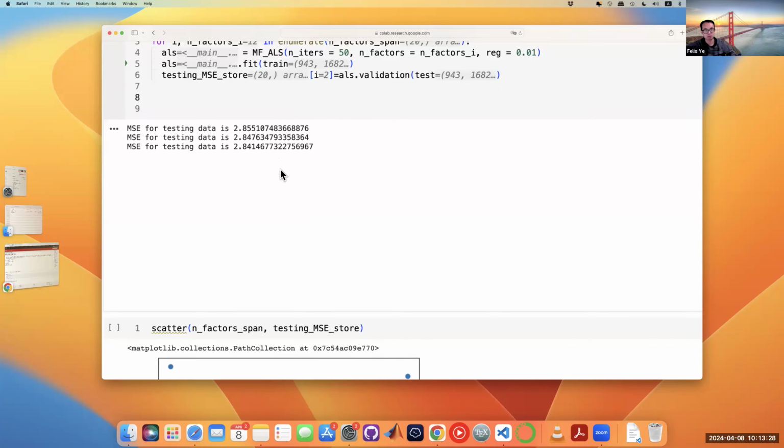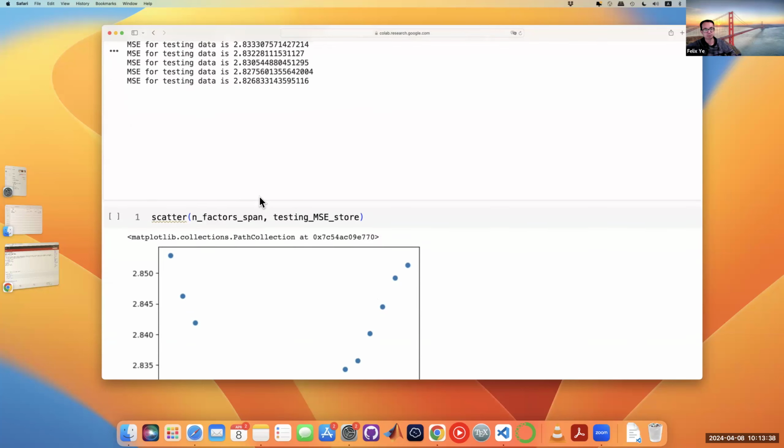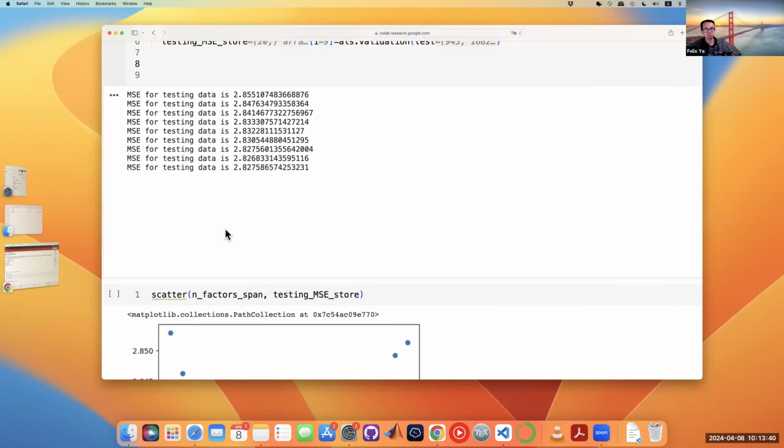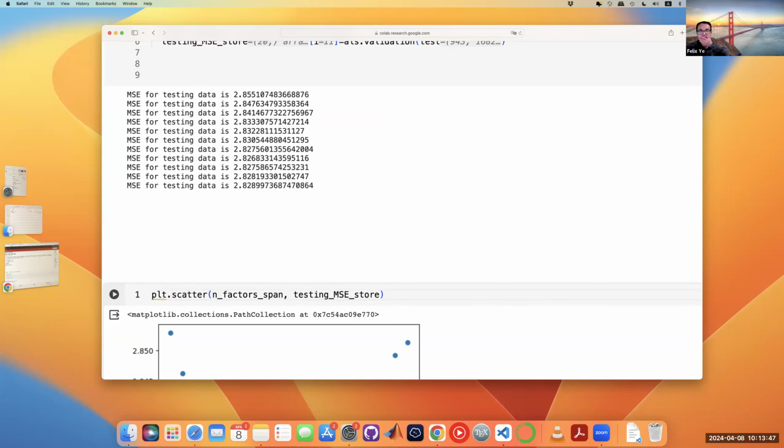You can see this start to decrease, and it still decreases. Then it starts to increase right here.